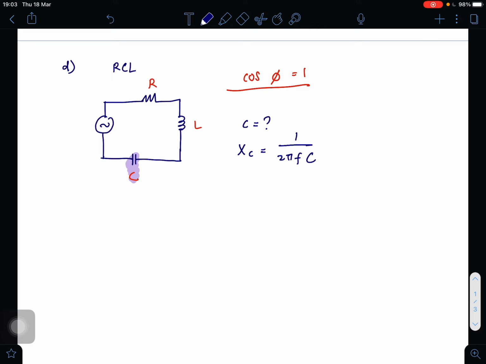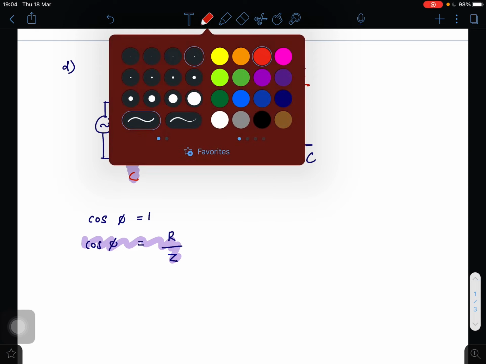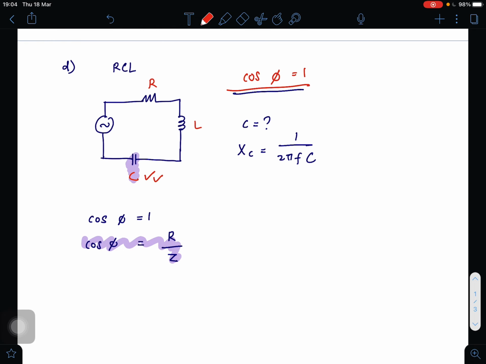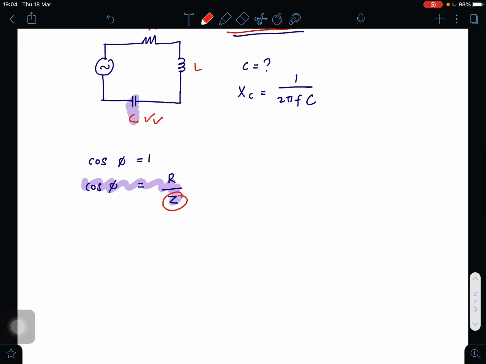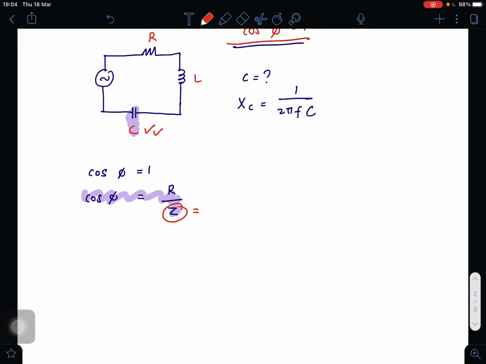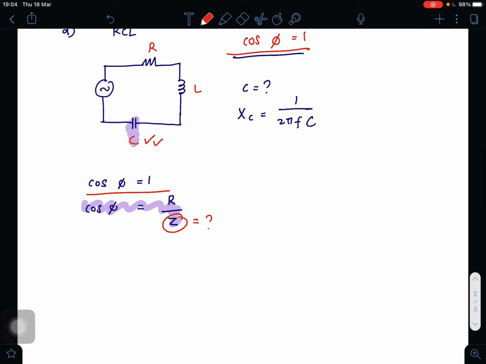First of all, since we have cos phi which is equal to 1, di mana cos phi tadi adalah sama dengan R divided by Z. Ini adalah formula dia. Since kita sudah tambah capacitor kan, so Z kita pun akan berubah. So we can find the new value for Z using this information.